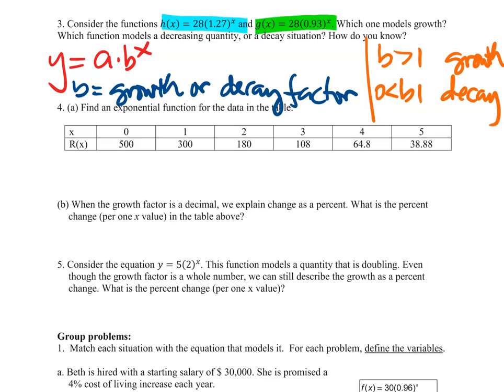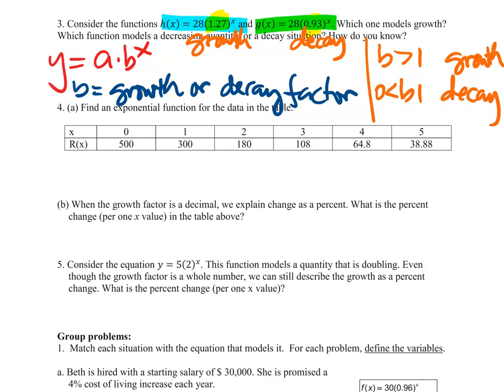So you always think about your b. So the function here, h of x, models growth, and g of x models a decay situation.